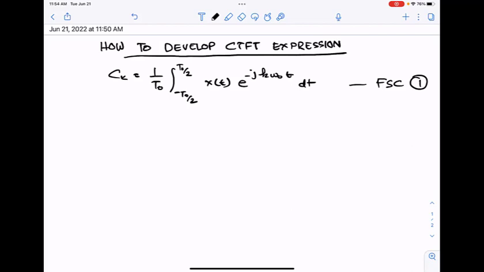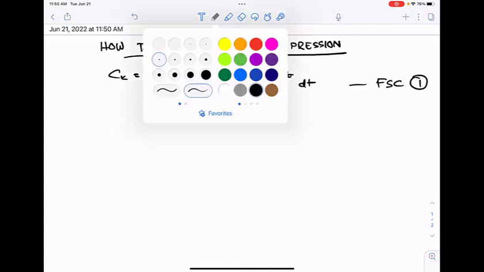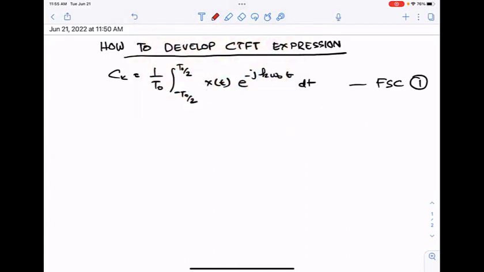To apply this to an aperiodic case, what we recognize is that we have to allow T0, this number right here, to get fairly large. In fact, we allow this to go to infinity. But as the period gets longer, we're faced with division by infinity, and we don't like that.